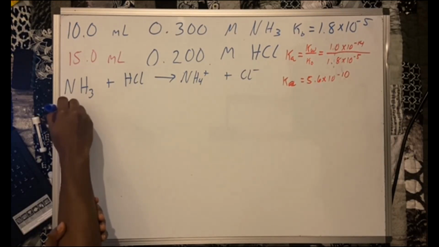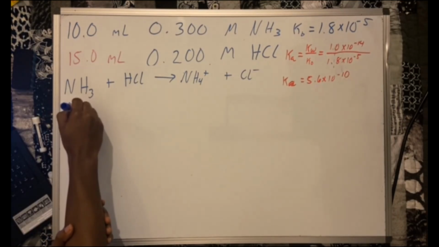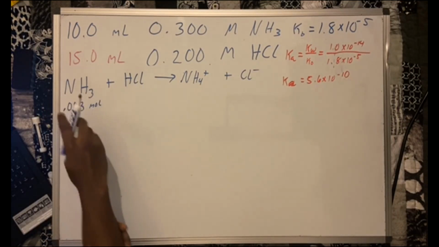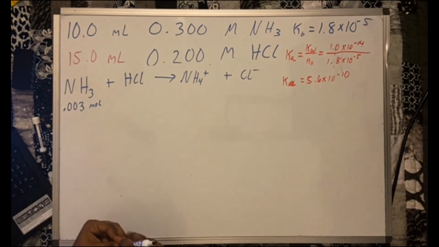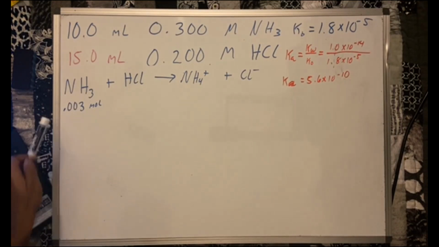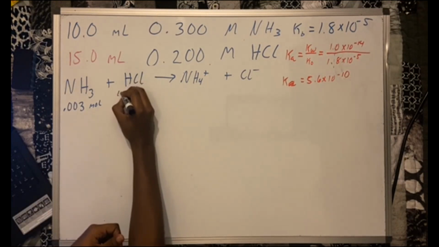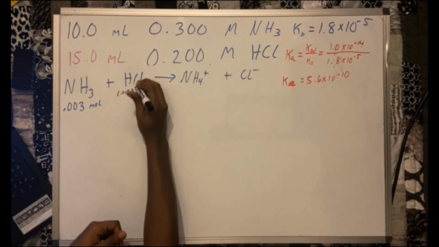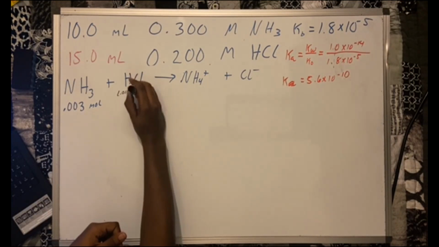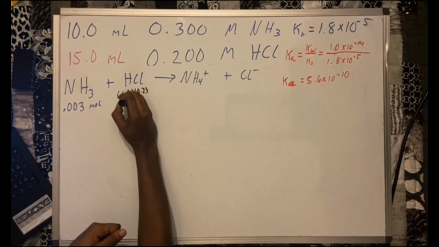So 0.003 moles. Okay, we'll recalculate our moles of HCl. Right, so we get 0.015 times my 0.2, and I get 0.003 moles.